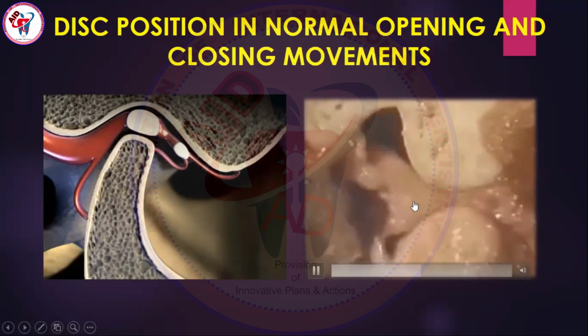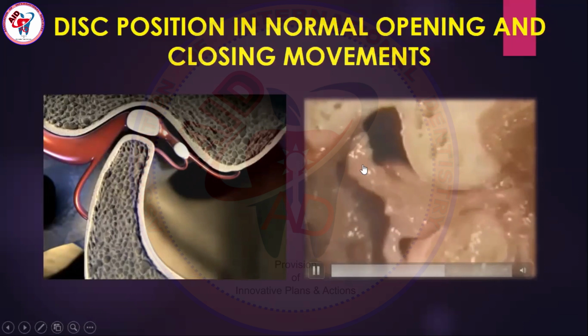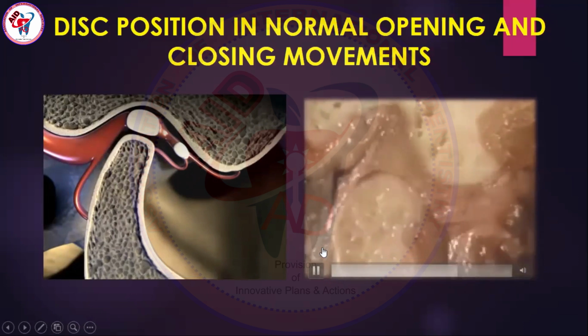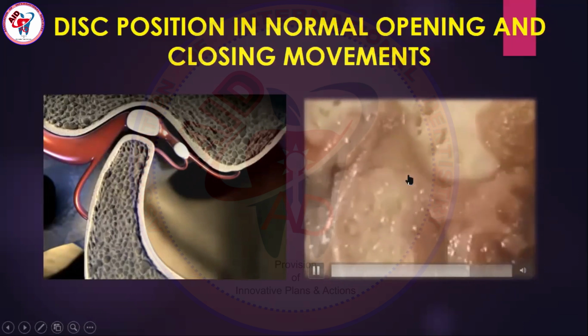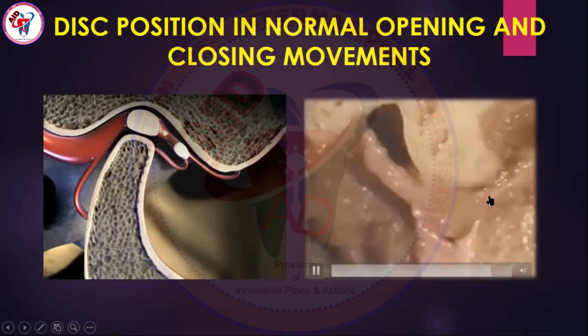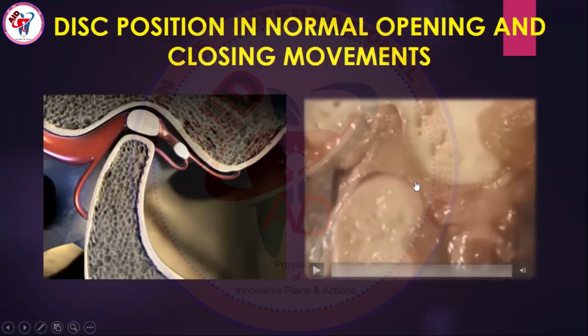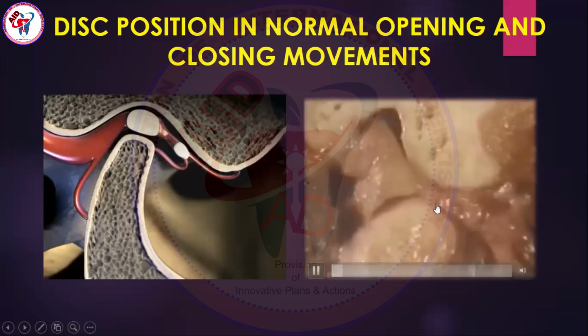But as the condyle moves forward, there is superior joint space, inferior joint space, superior lamina, inferior lamina, and when it is closed, it is closed within the thinnest part of the disc, which is always occluding, which is always rubbing at the surface of the condyle.